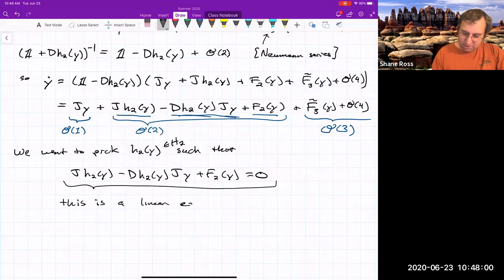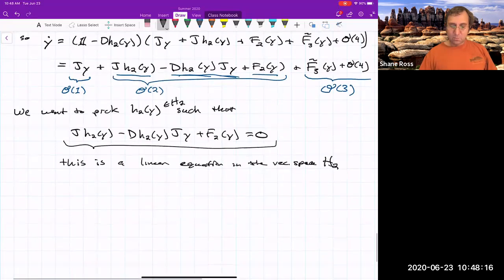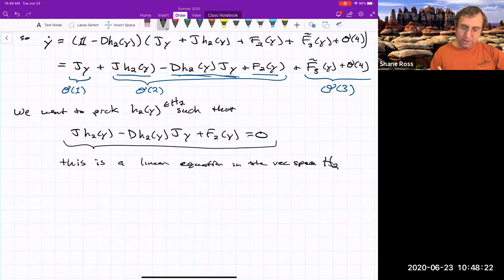So this is a linear equation in the vector space of homogeneous polynomials of order 2 on Rn. It's not clear that we could actually pick an H2 to do this.